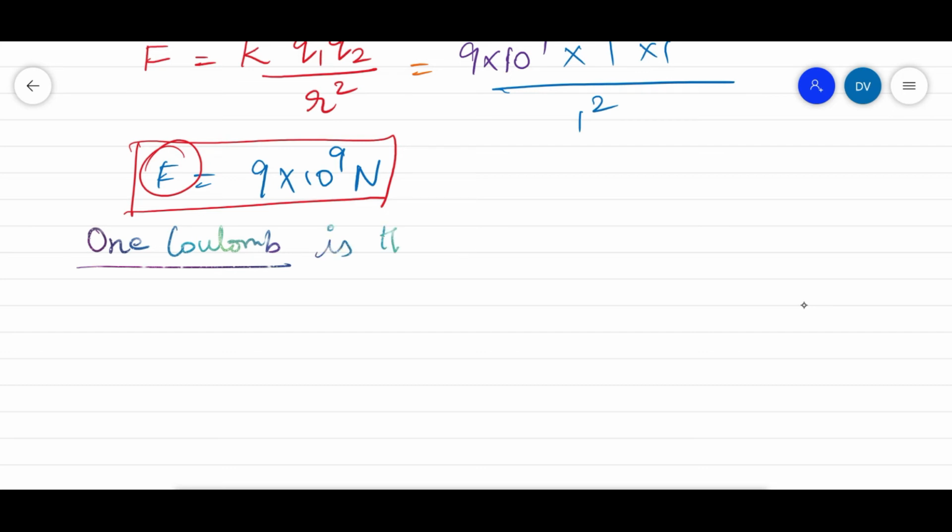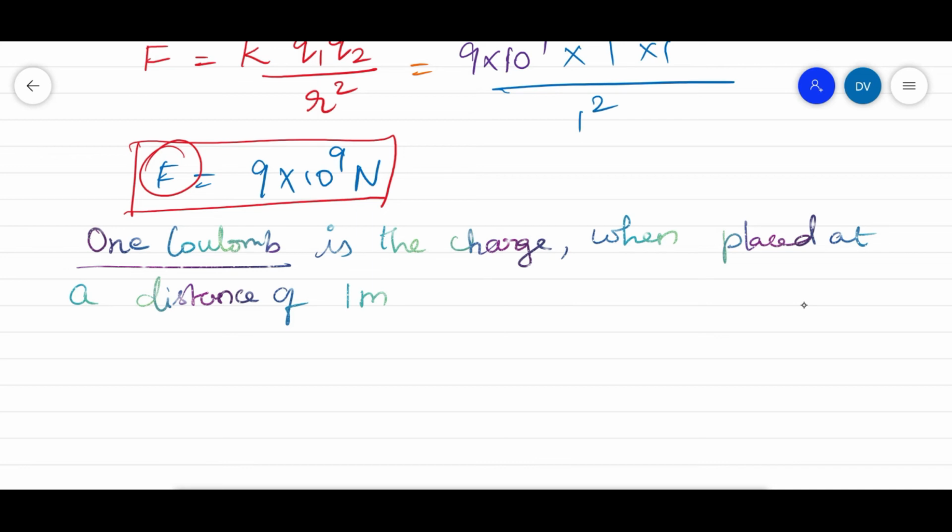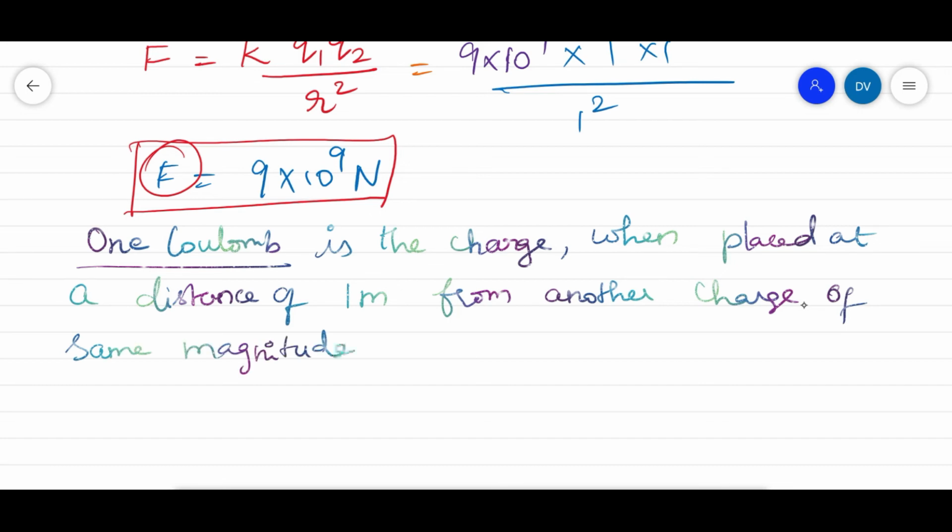It is the charge, which when placed at a distance of 1 meter from another charge of same magnitude, in vacuum, will experience an electric force of repulsion or attraction.